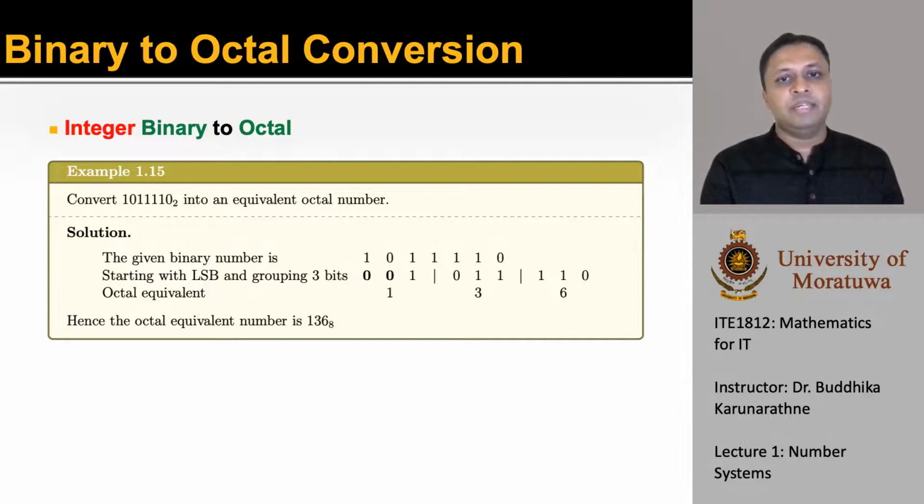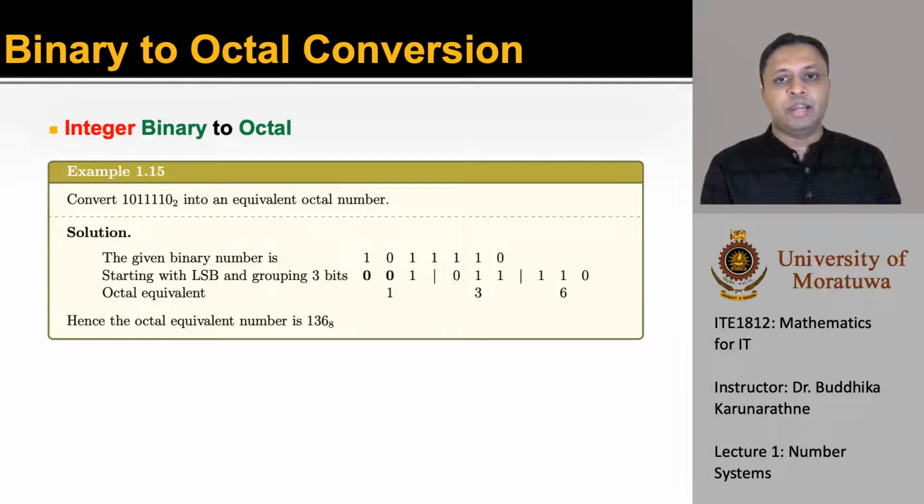So we write down the given binary number, 10111110, and in this case, we start with the least significant bit, which is 0. So basically we start from the rightmost bit, and we group this number into 3-bit groups.